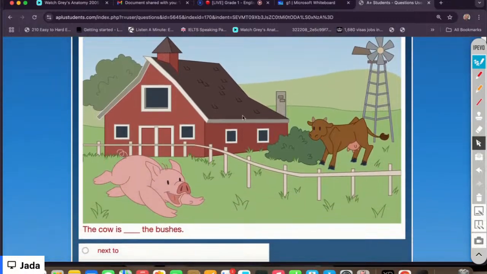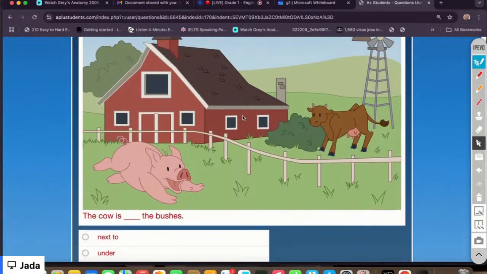So we also have this one. The cow is next to the bush or under the bush. What do you think? Next to or under the bush? What is the right one? Is the cow next to or is the cow under the bushes? So, can you give me your answers?